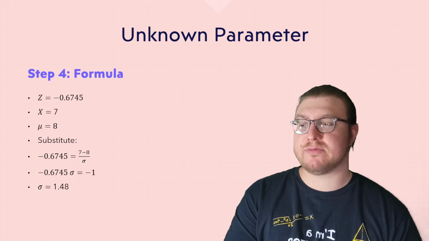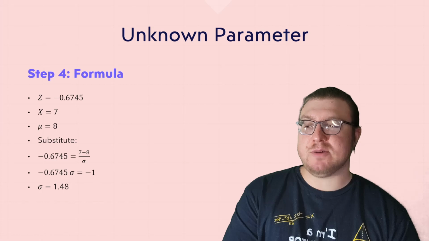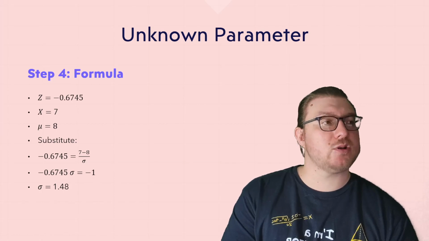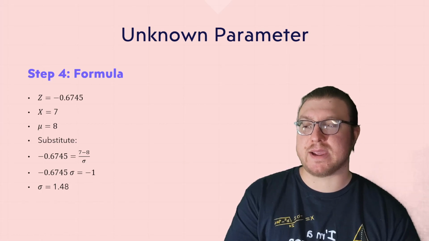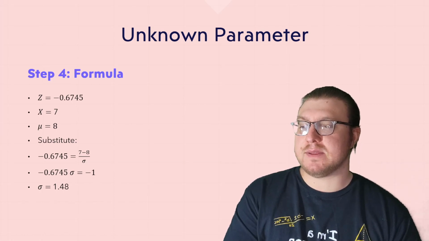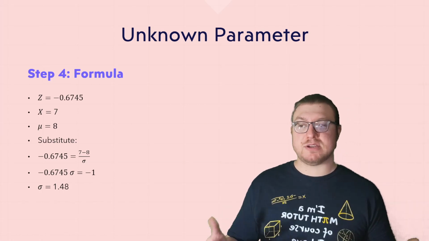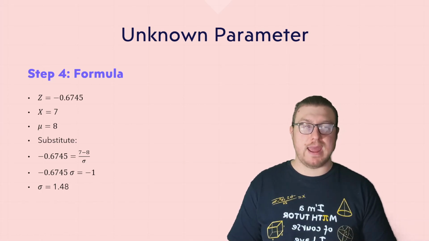And then we're going to divide by the number that we have in front because we want to actually just have sigma on its own. Once we've done this here, we can see 7 minus 8. That was just leaving us with minus 1. We calculated that after sigma was moved to the other side. And then we have our final answer. So the standard deviation for doing my dishes is about 1.48.